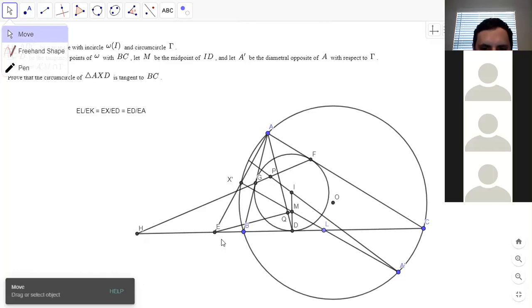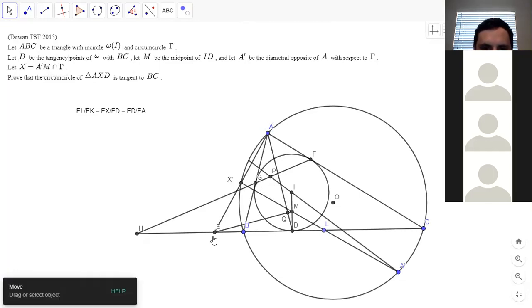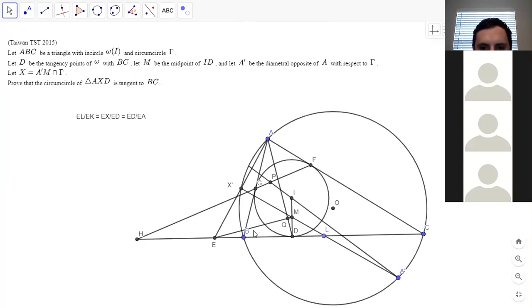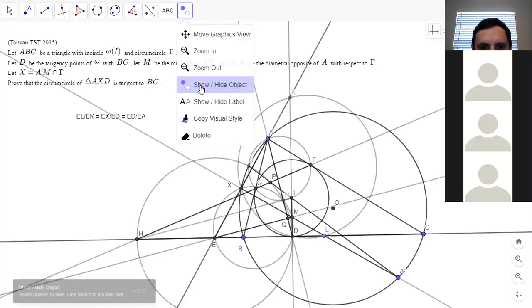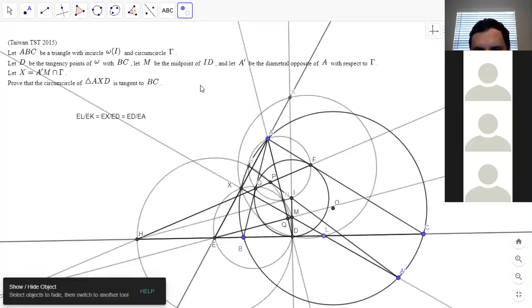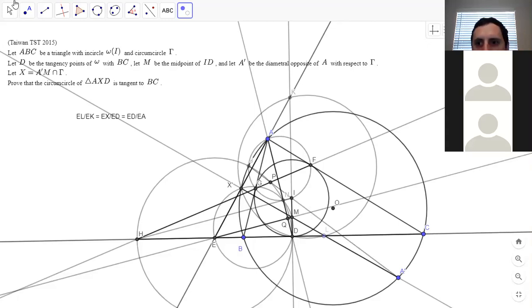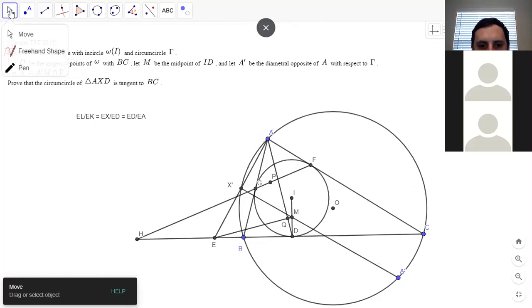I'm just going to draw that point. It disappeared. Sorry. So I don't think we need L, and I don't think we need this.